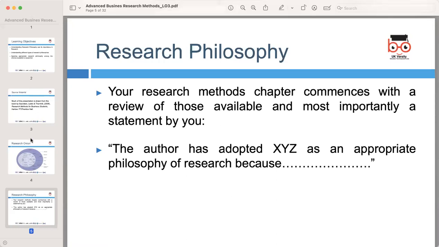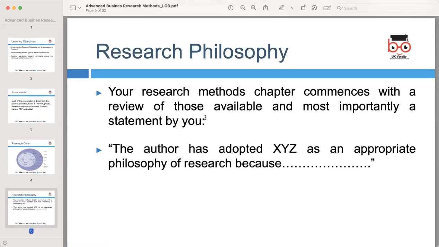First question we need to address is, what is research philosophy? Simply put, it is a framework or set of principles that guide our thinking and decision making throughout the research process. It helps us understand the nature of knowledge, how it can be obtained, and how we can interpret it.